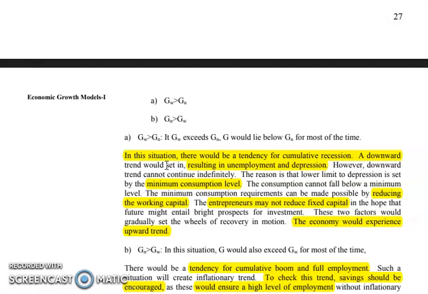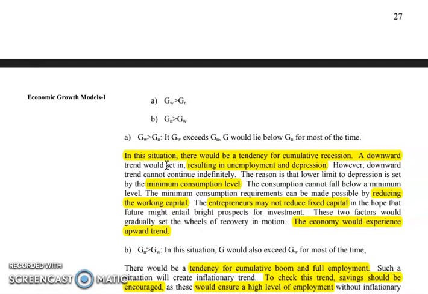A downward trend would set in, resulting in unemployment and depression. That is the condition: the economy would be led to recession, a downward trend resulting in unemployment and depression. A downward trend cannot continue indefinitely.